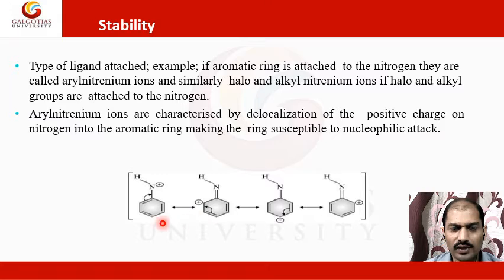As far as their stability is concerned, the type of ligand attached matters. For example, if an aromatic ring is attached to the nitrogen, they are called aryl nitrenium ions. Depending upon which kind of group they are attached to, their name is designated similarly. Halo and alkyl nitrenium ions are formed if halo and alkyl groups are attached to the nitrogen.